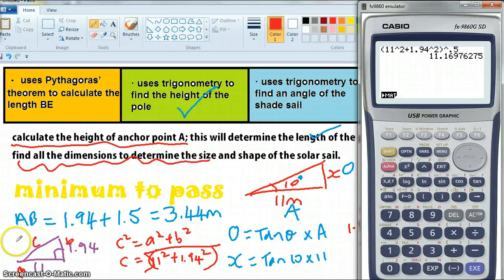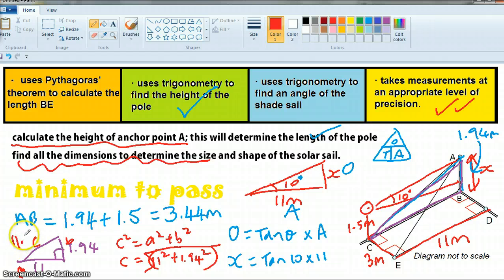So that's 11.2 meters. Oh, it's not, is it 1.94? No, it's 3.44. Now, if I did that I would get away with that anyhow, because that wouldn't make me fail. So we'll click here that, okay, I've made an error, but I've used Pythagoras.